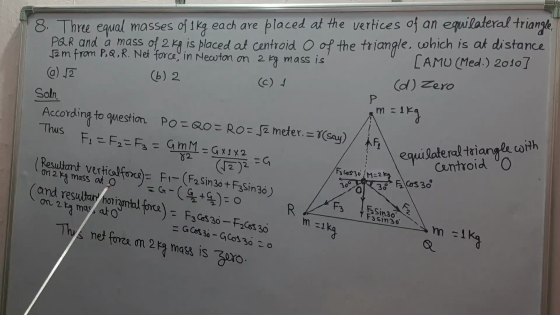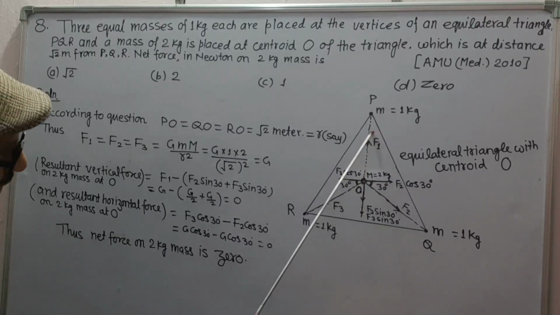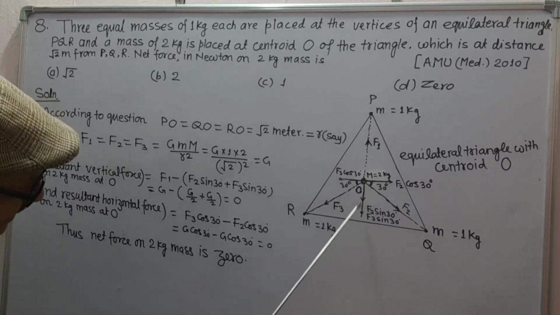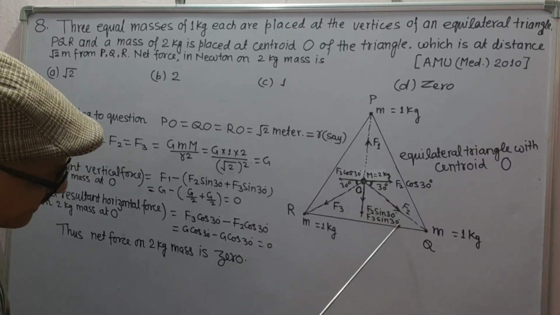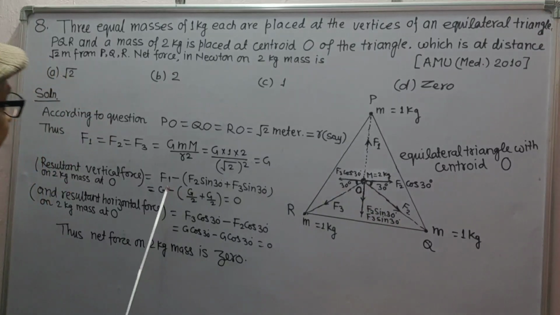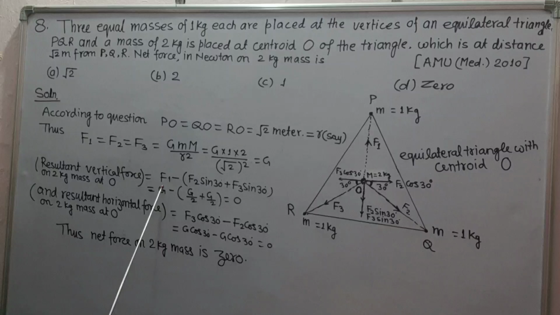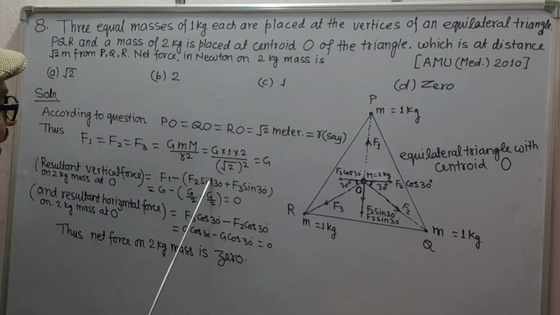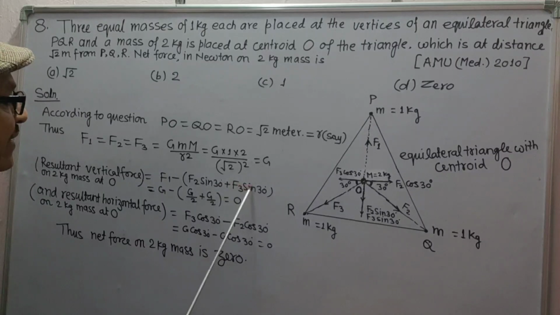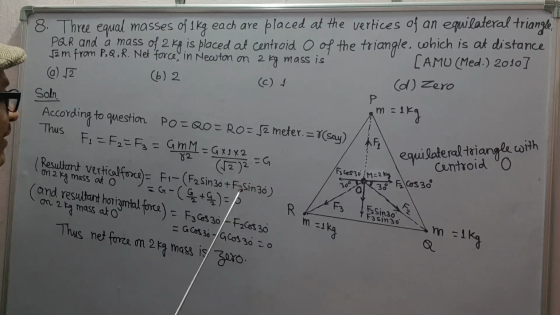Now, the resultant vertical force on 2 kg mass will be equal to F1 minus F2 sin 30 plus F3 sin 30. So it gives F1 is G, F2 is G and sin 30 is 1 by 2, F3 is also G and sin 30 is 1 by 2.